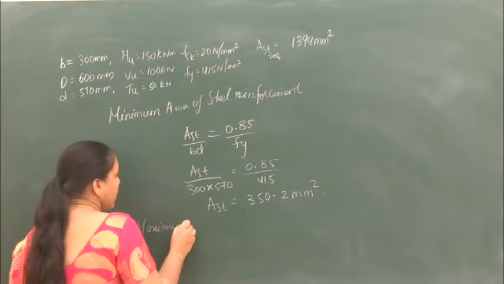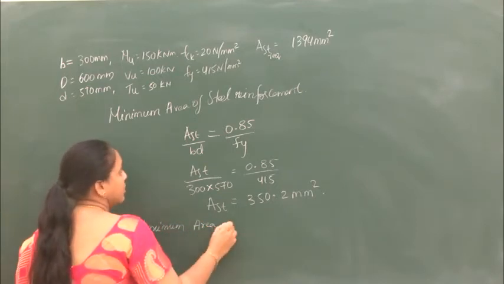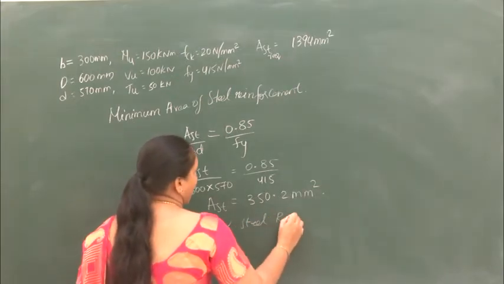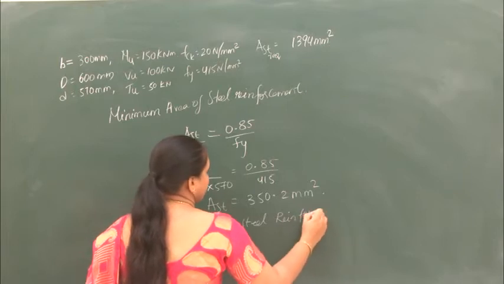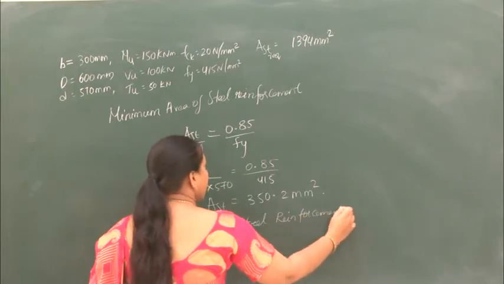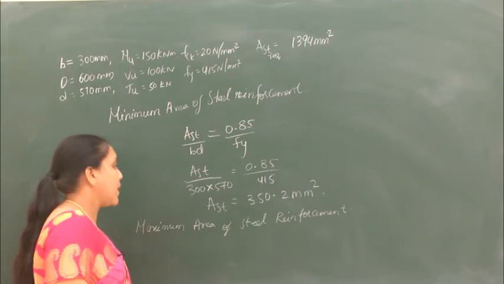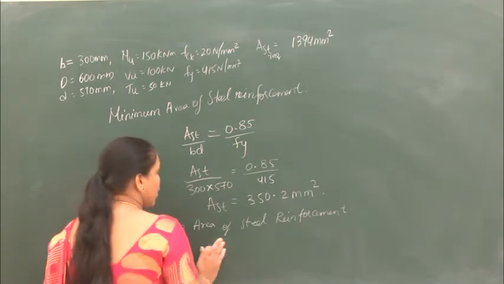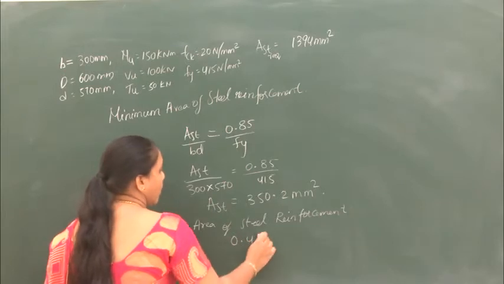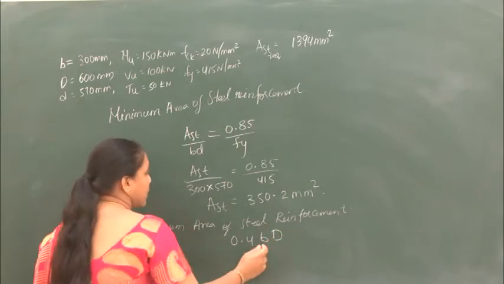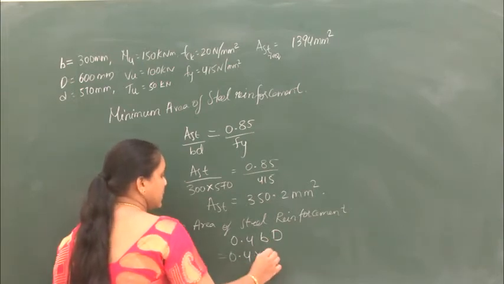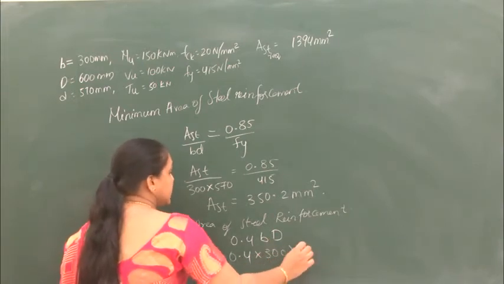In a similar way, we have to calculate the maximum area of steel reinforcement which is to be provided. What will be the formula for calculating the maximum area of steel? It is 0.04 bD. b is 300 and D is 600.